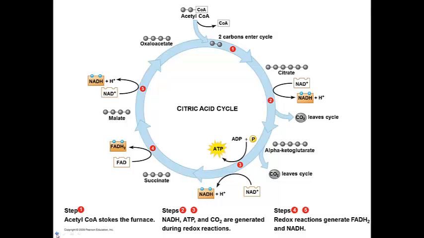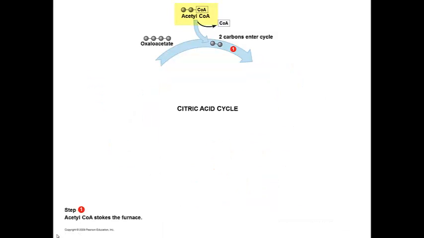This diagram is broken down into several steps or parts, so let's take a look at the first step. The cycle begins when acetyl-CoA, a 2-carbon molecule, combines with oxaloacetate, a 4-carbon molecule, to form citrate, citric acid, the molecule the cycle is named for.